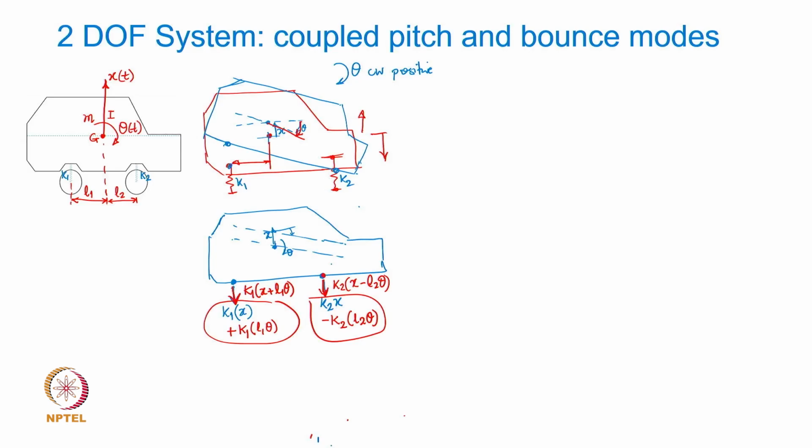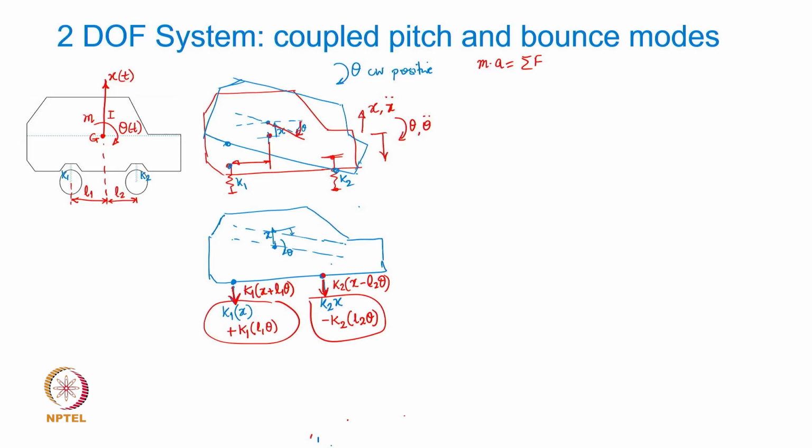And now I will apply Newton's law, where we all know that mass times acceleration equals the summation of all the forces in the direction of acceleration. Now X and theta are assumed positive the way you have seen this. So X double dot and theta double dot are positive as shown.